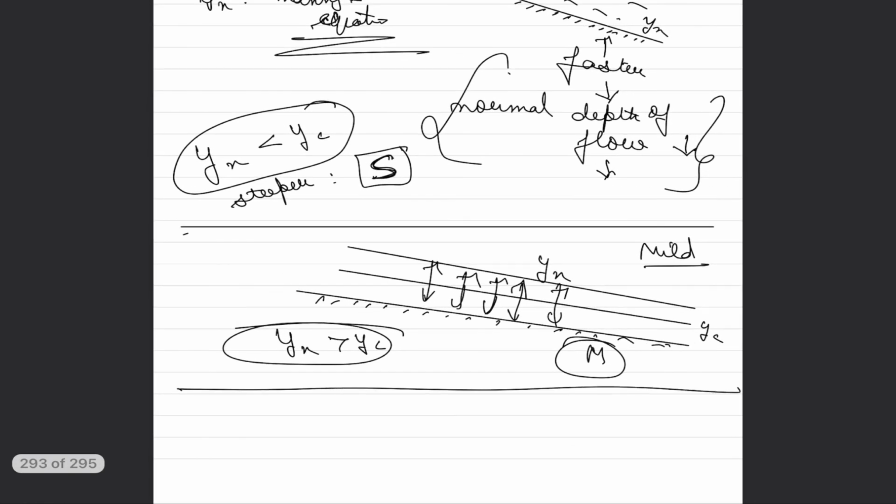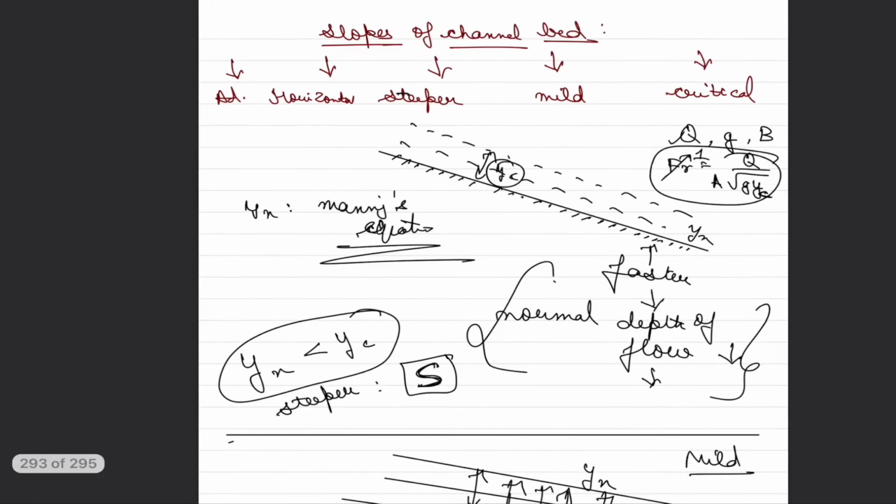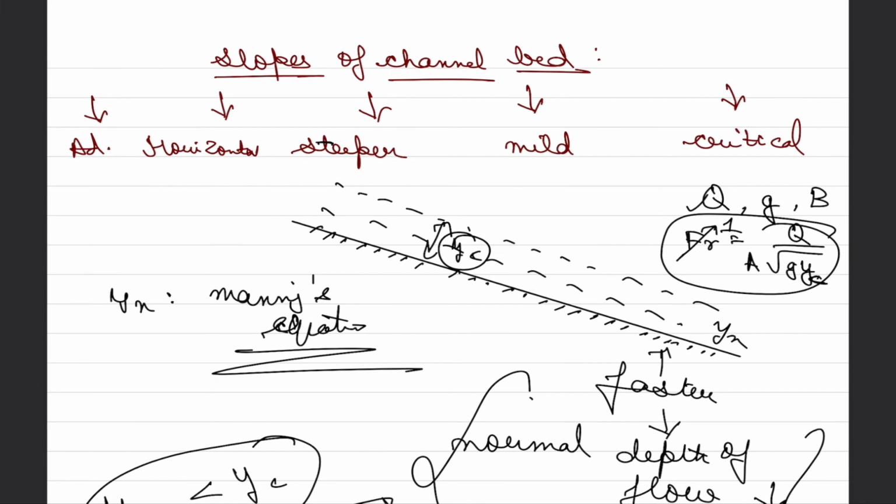Finally, we have the third case where the critical depth that we determined from the formula of Froude number and the normal depth that we derive from Manning's equation have exactly the same value. This channel bed can be classified as critical, represented by letter C, where critical depth is equal to normal depth of flow. So that covers our steeper, mild, and critical.